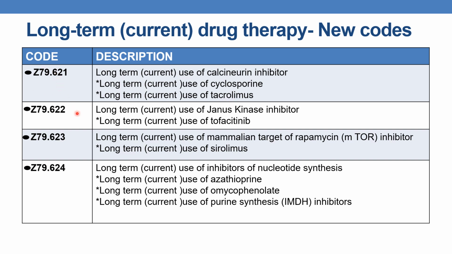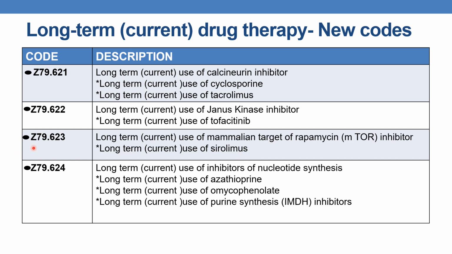The next is Z79.622, long-term use of Janus kinase inhibitor or long-term use of tofacitinib. The next is Z79.623. It indicates long-term use of mammalian target of rapamycin inhibitor, MTOR inhibitor, or long-term use of sirolimus.